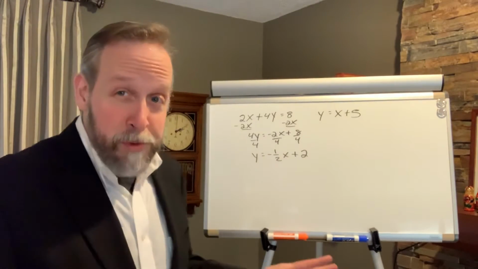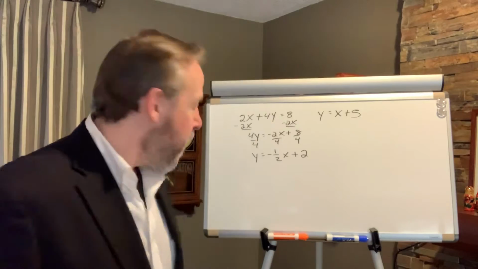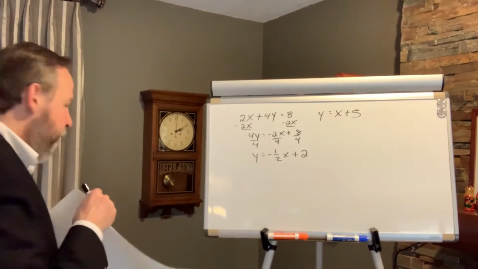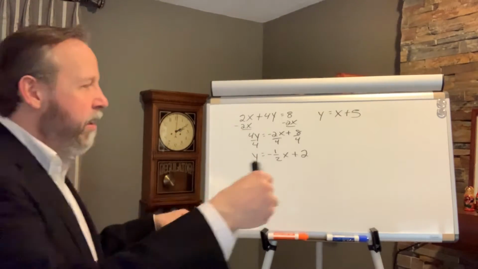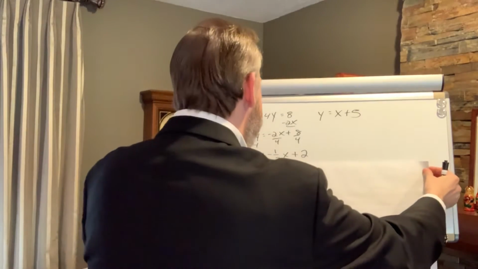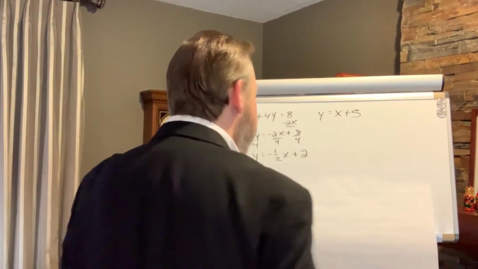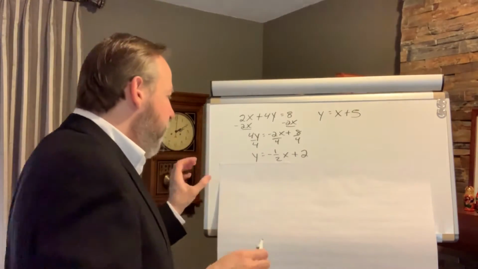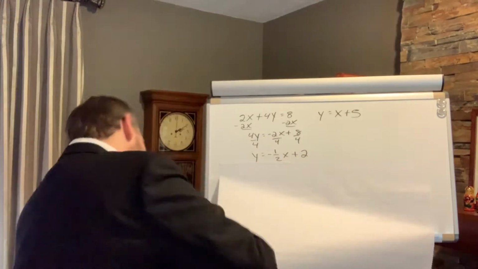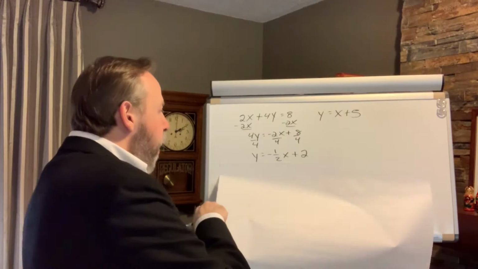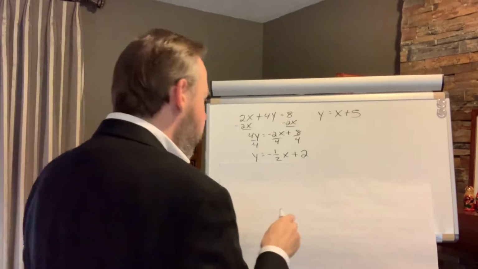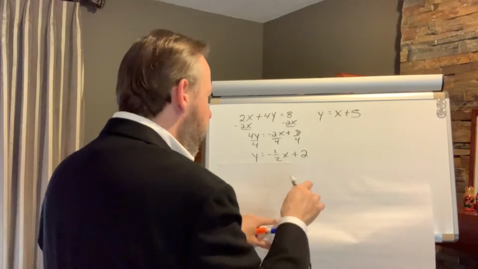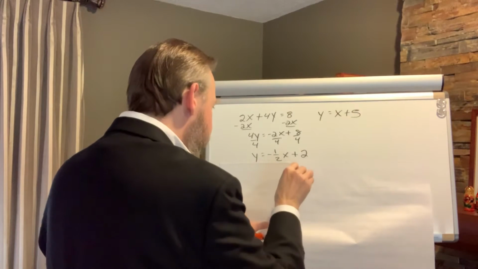Well, I stopped by school today for possibly the last time, and I picked up some graph paper. So I'll use that for this example. It's easier if you can actually see the graph. So here's what I'm going to have. I'm going to make a coordinate grid that will go up to at least positive 5.